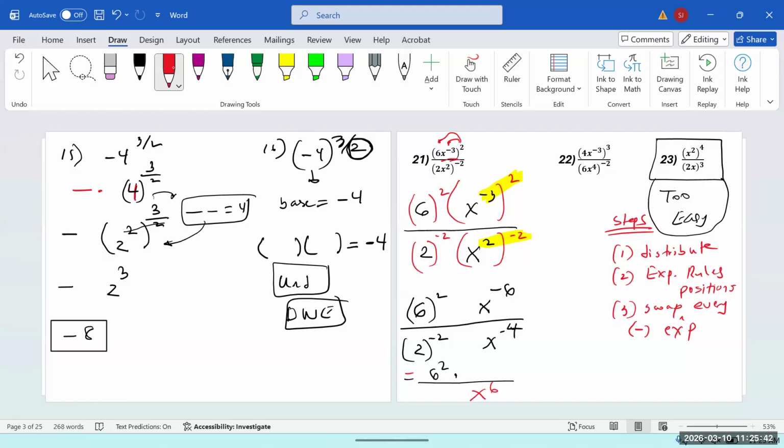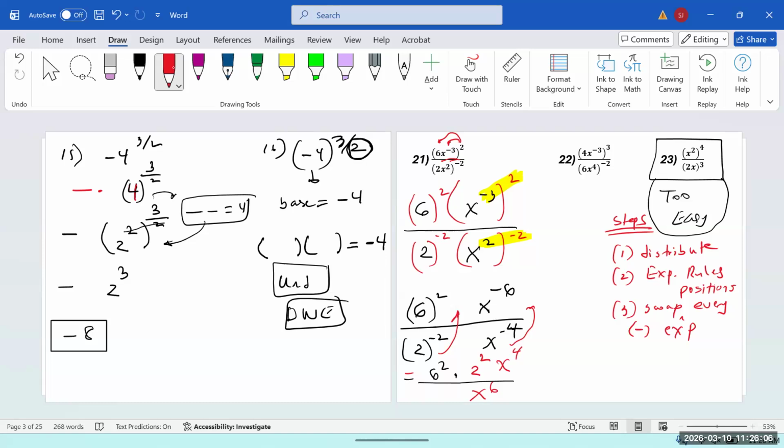Then we go to the denominator. Does 2 have a negative exponent on the denominator? Yes, so we need to bring it up and it becomes positive. And then on the denominator, does x have a negative 4 power? So I need to bring it up to make it positive. So for every negative exponent swap, but if it's positive, don't do anything. Keep the position the same.